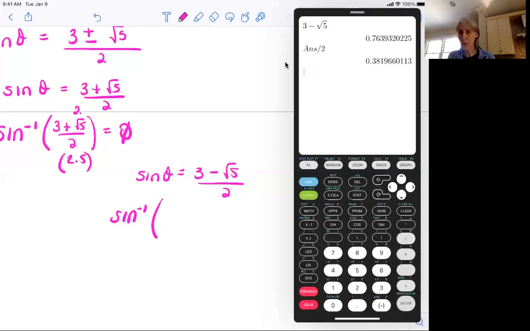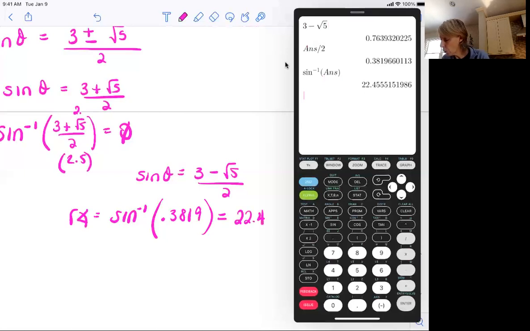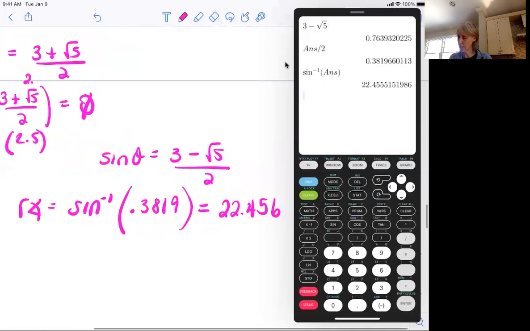So I want the angle whose sine is 0.3819, whatever. So I second sine, pull in that decimal, and the angle here, our reference angle, is going to be 22.4. We'll go out 3 places. We're trying to be good about this in a calculus sense.